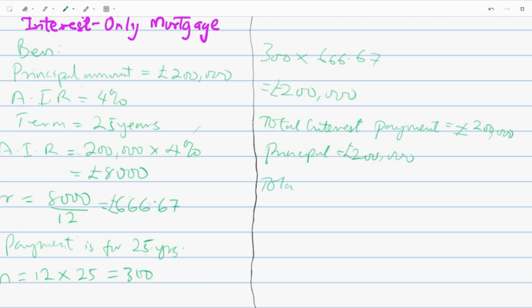So the total amount Ben has to pay will be 200,000 plus 200,000, which equals £400,000. So this is the total amount Ben would have to pay in the life of the mortgage.